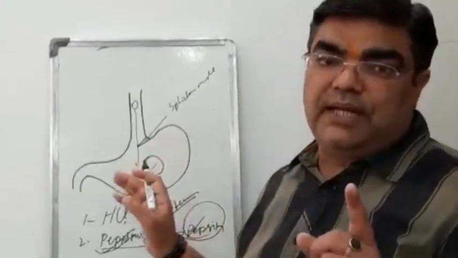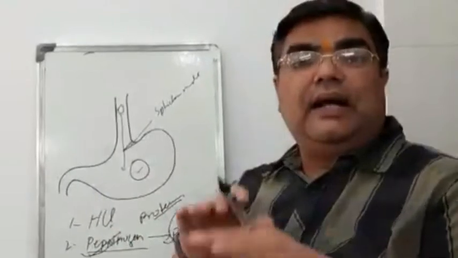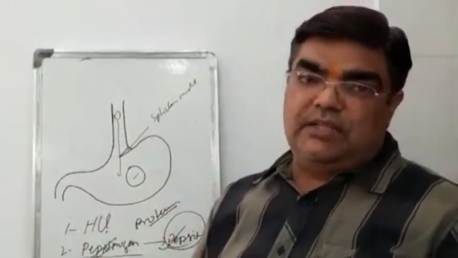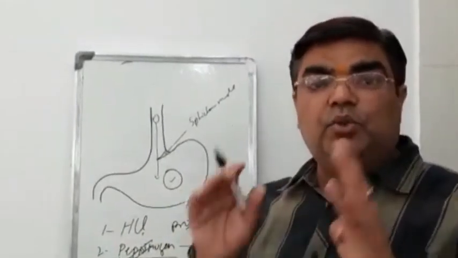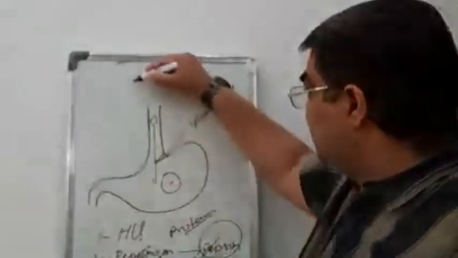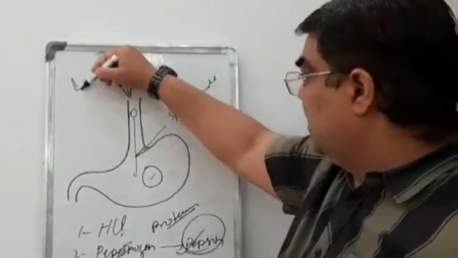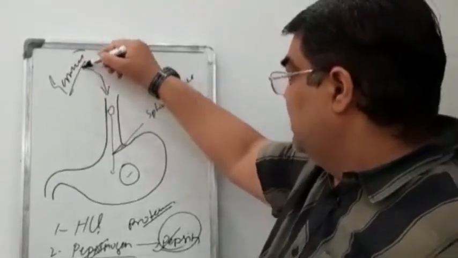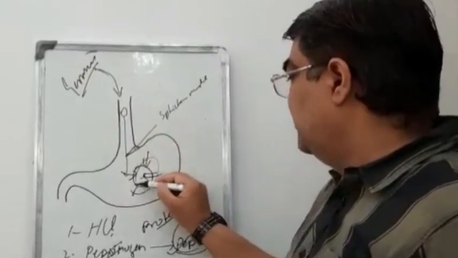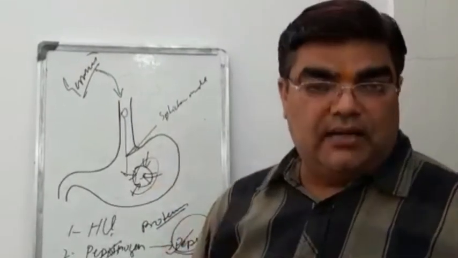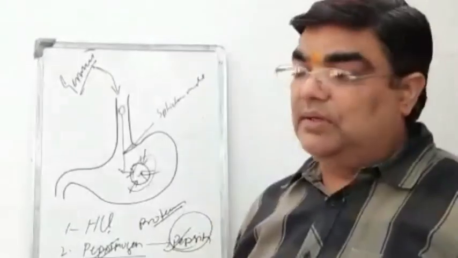The first function of HCl is to make an acidic medium, the second is to change pepsinogen into pepsin, and the third is to kill germs. Because the food is coming from outside, there are a lot of germs over there, and these germs have to be killed by the action of HCl, the strongest acid ever.